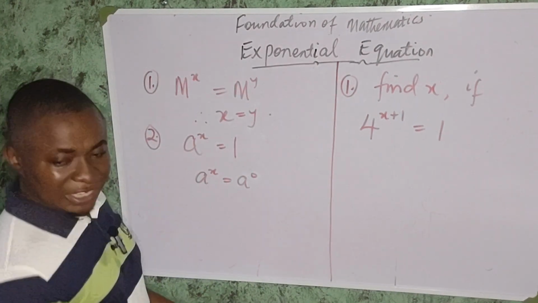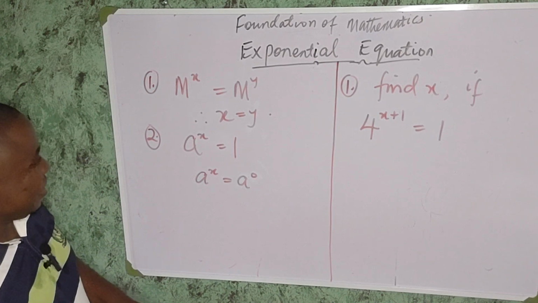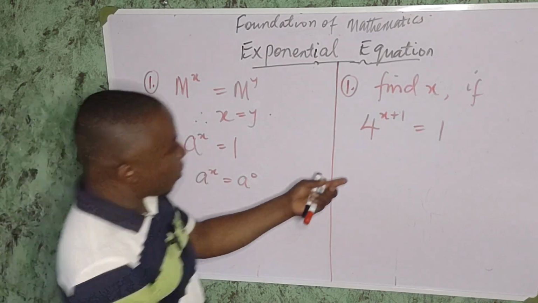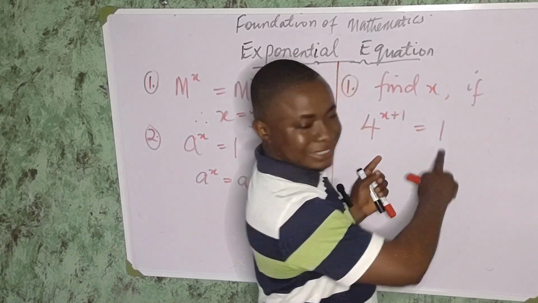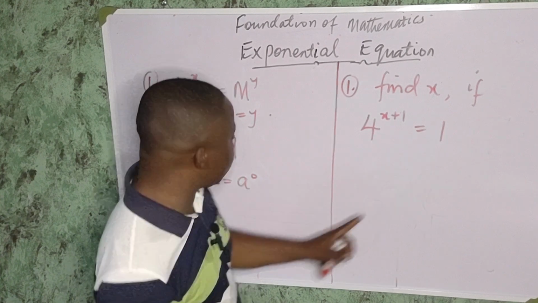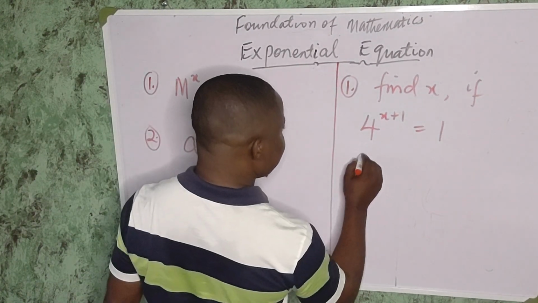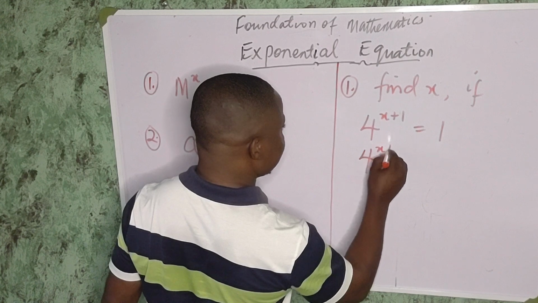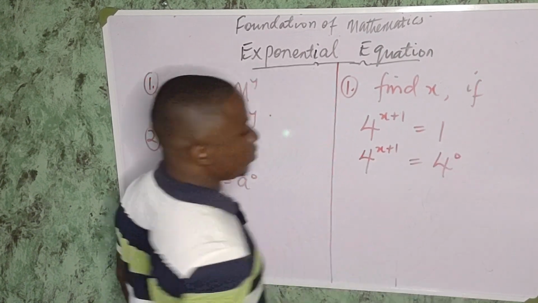Very simple. Now look at that question. Once you are having this kind of question, you have to first of all make this side to be the same as this side. So what are you going to do to make this side to resemble this side? Simply apply the second law. So in this case, that means 4 power x plus 1 equals to 4 power 0.